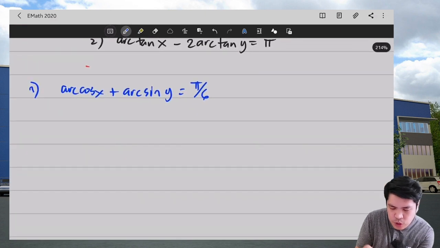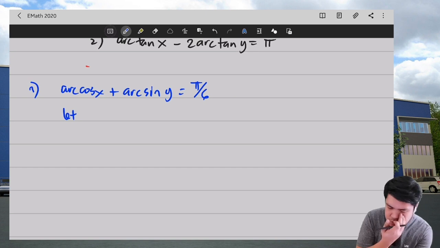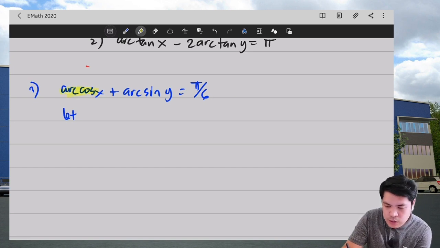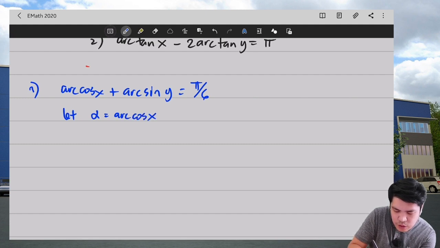So how do we do this? First, mag-assign tayo ng this inverse trigonometric function. Let's assign this to an angle. Okay? So like nang ginawa natin kanina. If we let alpha be equal to arccosine x, so it follows that cosine alpha is equal to x.